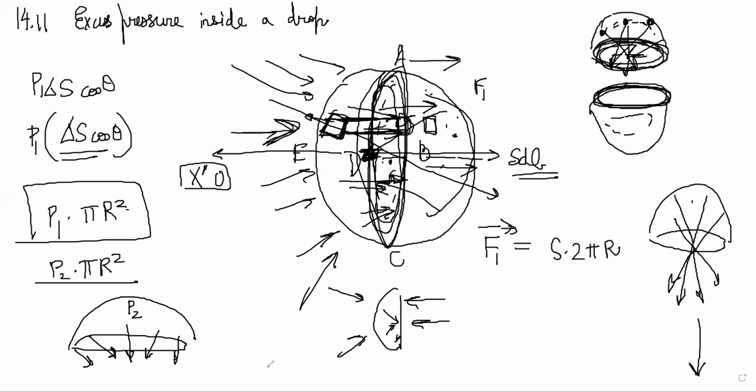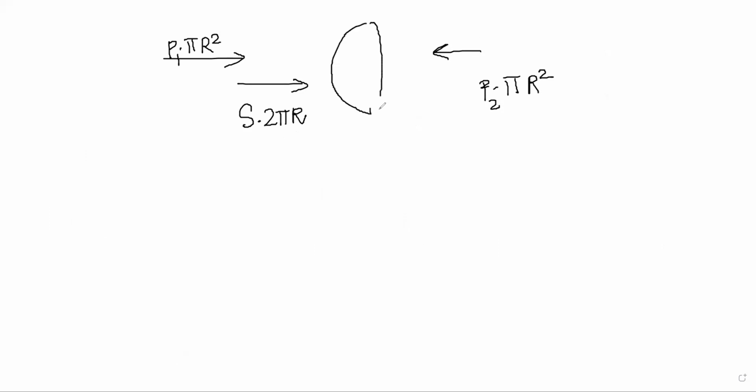So ultimately the air pressure force is this side, P1 into pi r square, right? And the liquid pressure force is from this side, P2 into pi r square, right? And the surface tension force is like this, so S into 2 pi r, right? So these forces should be in equilibrium for equilibrium of that whole semicircle, this portion, right?